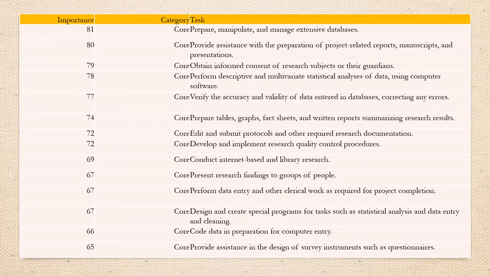Obtain informed consent of research subjects or their guardians, etc., etc. So there are a number of things here, and each of them has an importance rating on the left-hand side, and these are categorized as being core tasks. There are also supplemental tasks listed on the table. When you do this for your team project, I'd like you to look at both the core and the supplemental tasks.